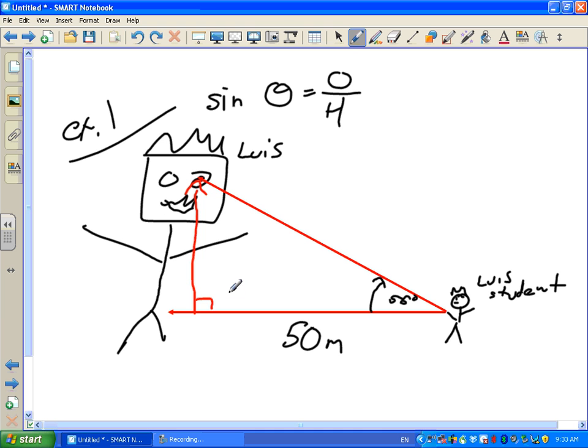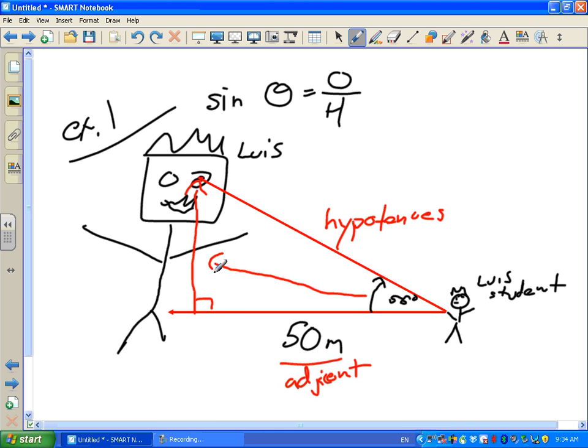Here's our right angle, here's our hypotenuse. The side of the triangle we have a measurement for, is that the opposite of the angle we're dealing with or the adjacent? That's right, this is the adjacent side. So we're trying to solve for what side of the triangle? What side is left? Opposite, very good.